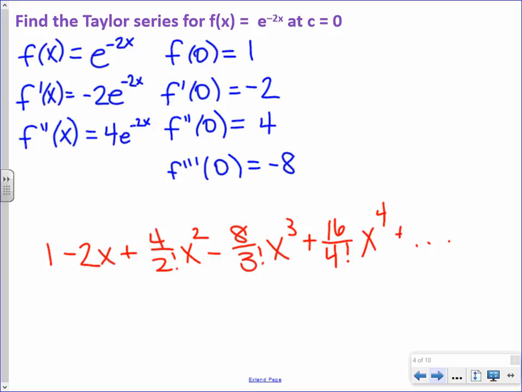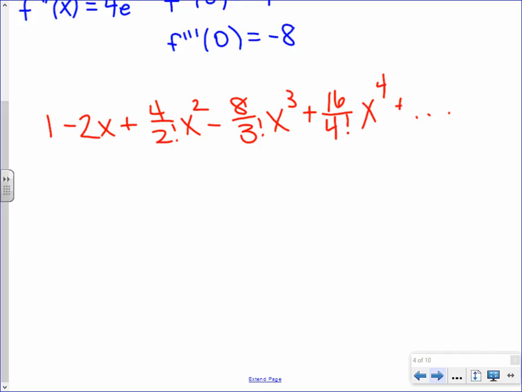And that would keep going. So what we get to do now is we get to actually write this as a series. We get to say, okay, this is the sum from n equals 0 to infinity. All right, I'm already going to catch the pattern. N factorial is in the denominator.